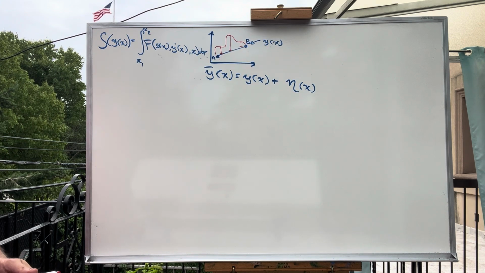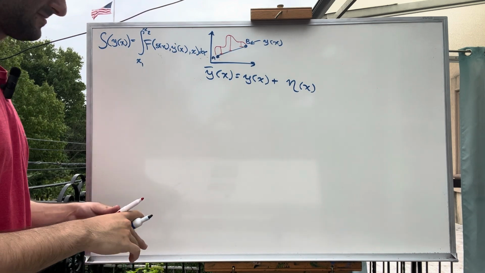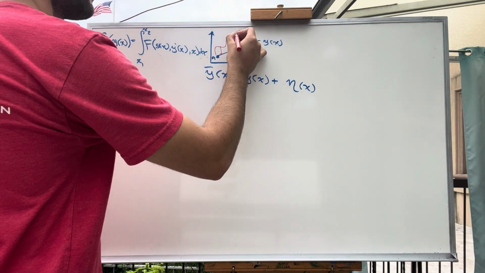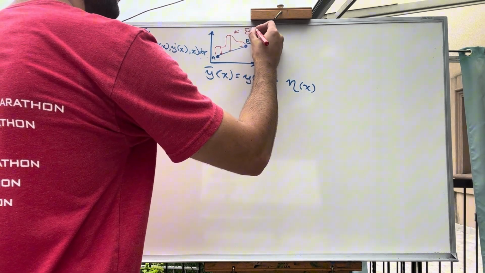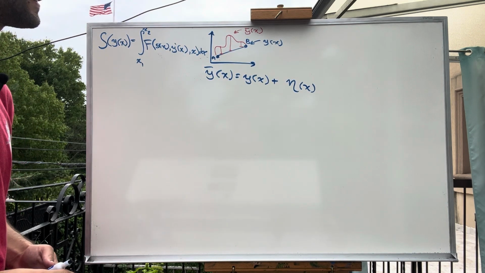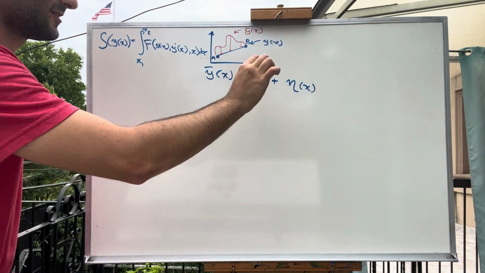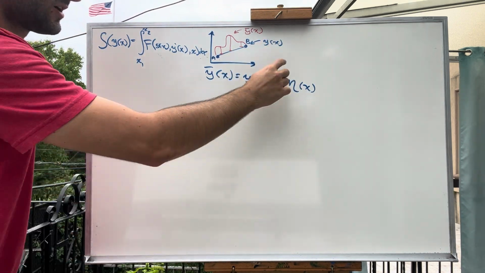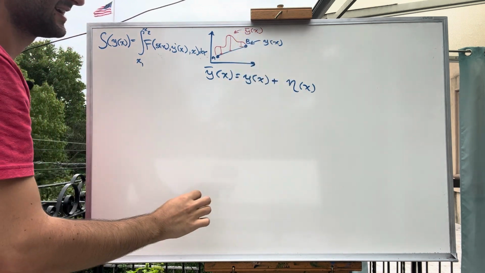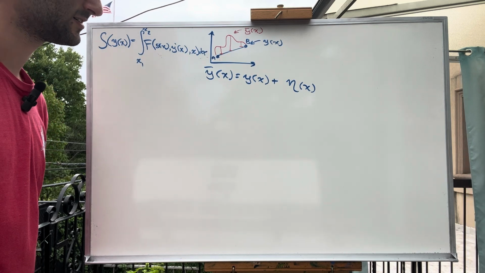And you can see that any curve y bar of x, no matter how small this variation of the solution y of x is, no matter how small this eta of x is, it's not going to give us the solution y of x.